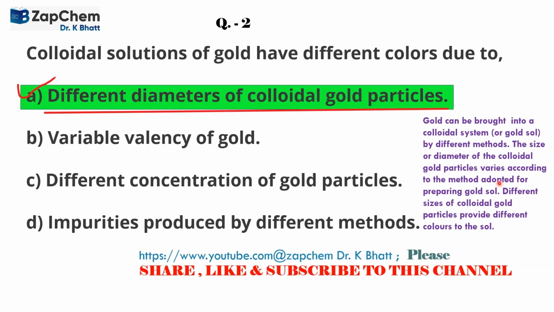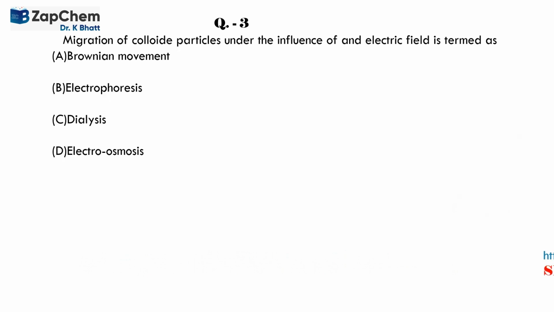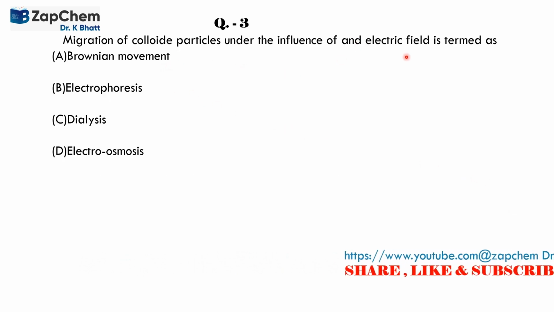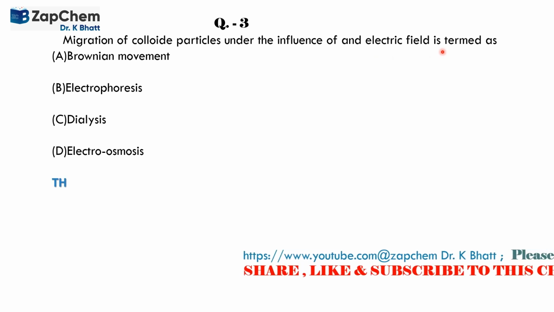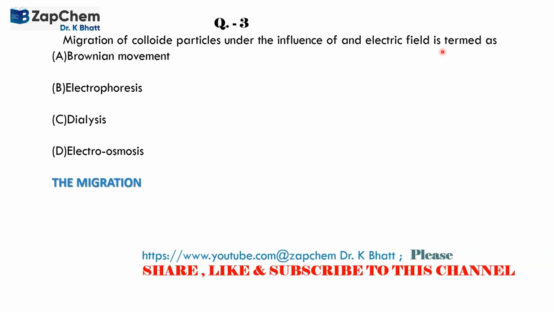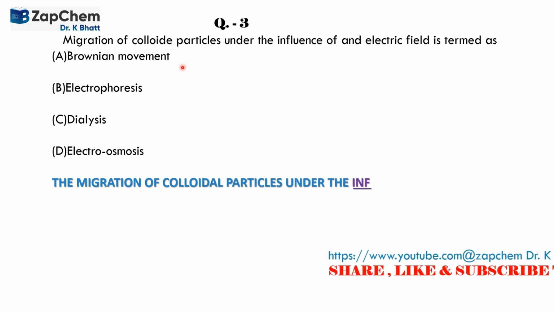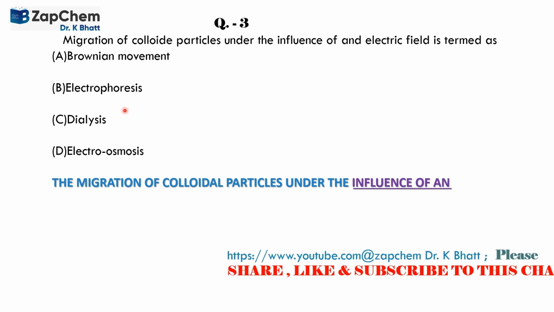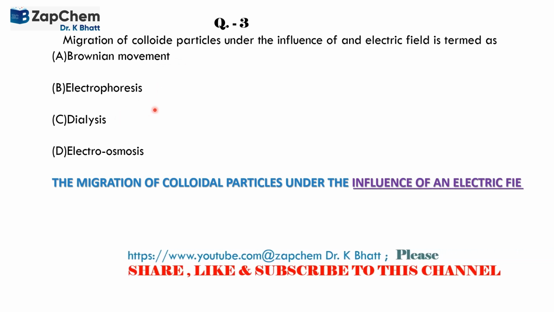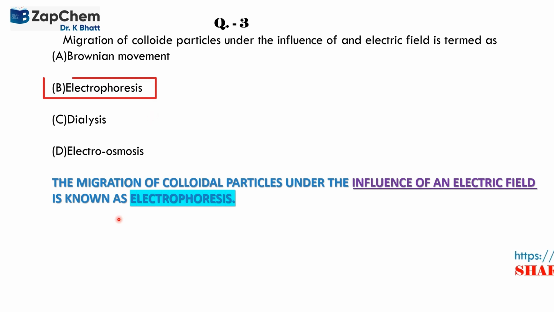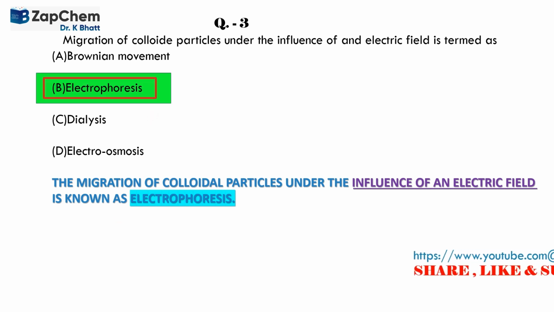Here are certain tips provided for you. Then next, migration of colloid particles under the influence of an electric field is termed as, of course, under the influence of an electric field, when the colloid particles migrate, the process is known as electrophoresis. A few tips are here.